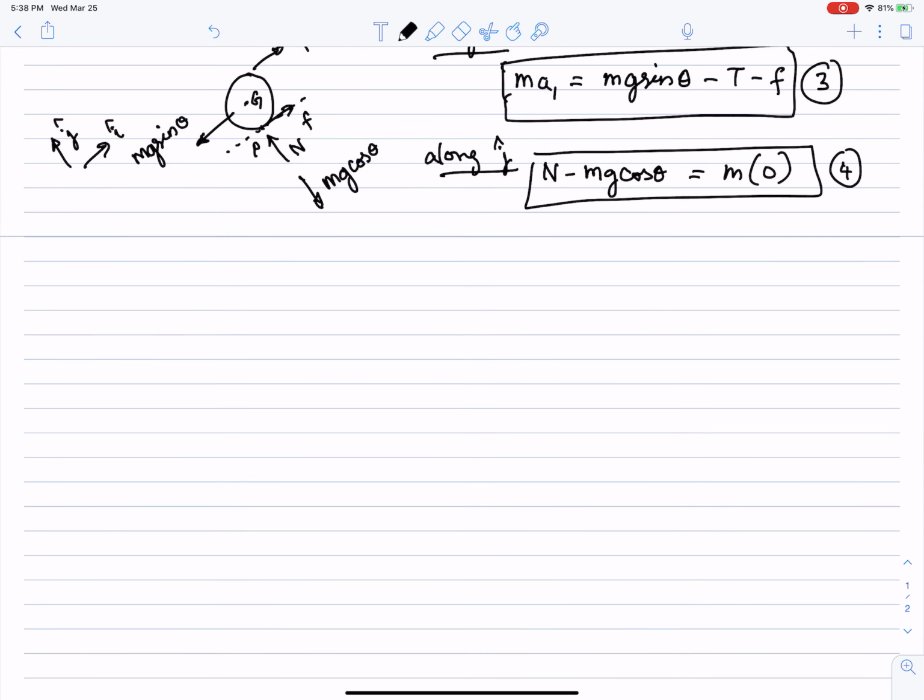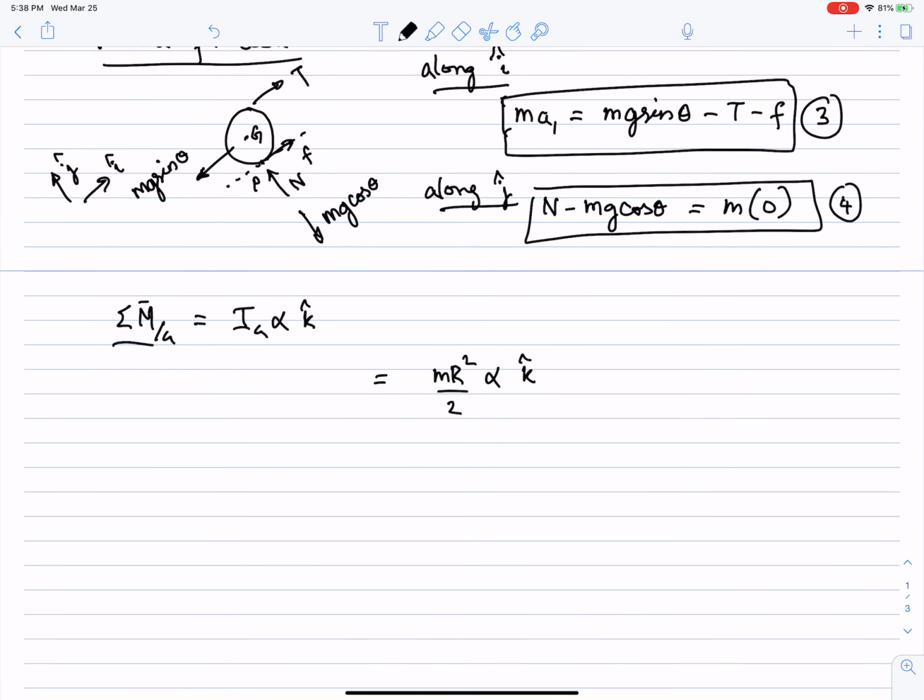Let's do G, I guess. Sum of moments about G equals IG alpha. Okay. As we've discussed, IG is equal to mr squared by 2 alpha k.